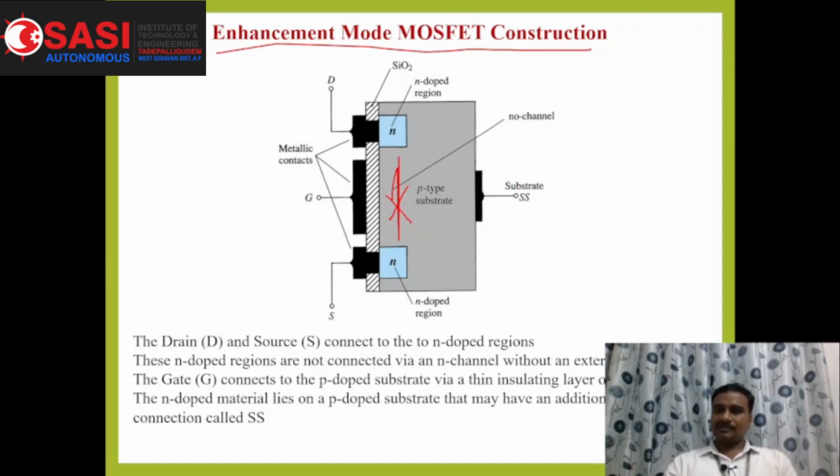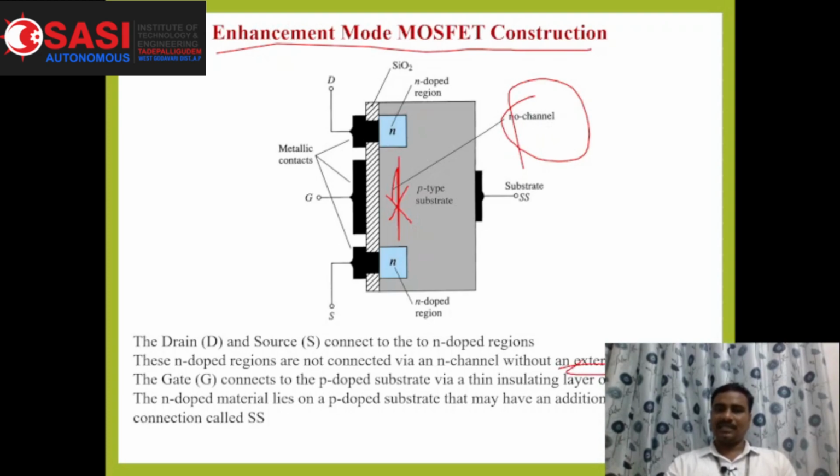So the P substrate SS is connected without any channel between the two N-type regions. This is the channel elimination. The drain and source connect to the N-doped regions, and these N-doped regions are not connected via an N channel without an external voltage.